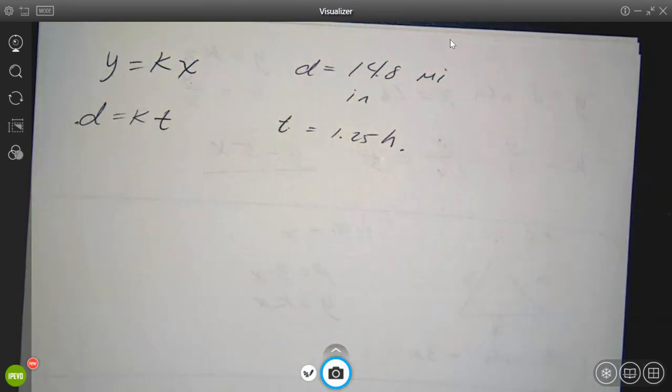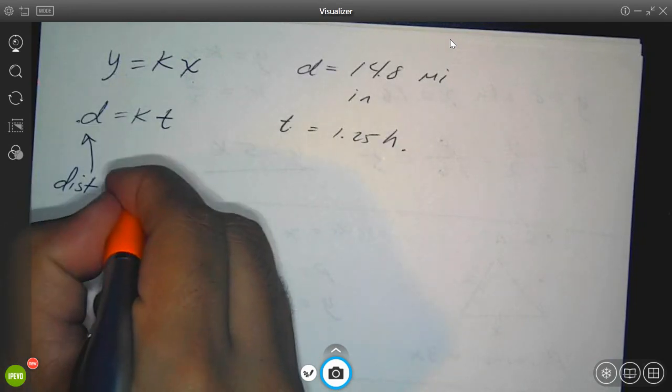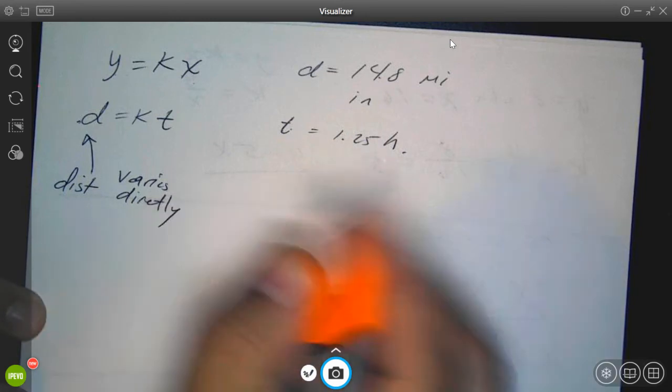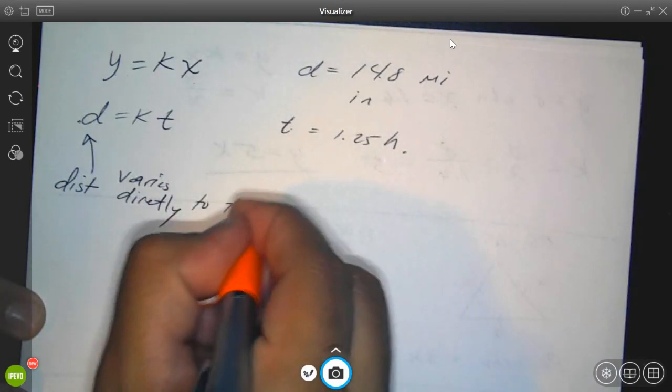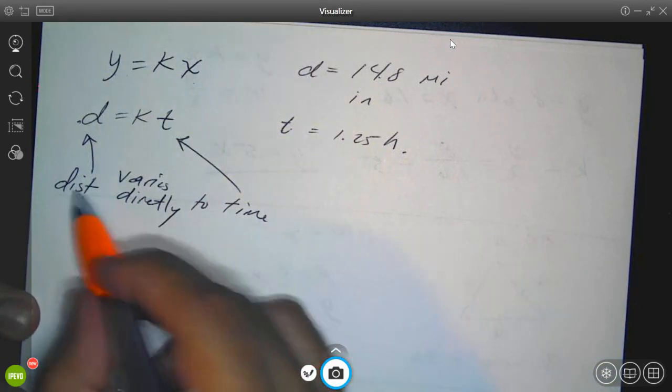Notice how this is my equation. Again, why is it d equals kt? Distance varies directly with time. There it is. See, that's how I got the equation. Distance varies directly with time.